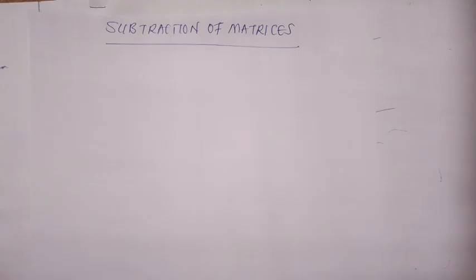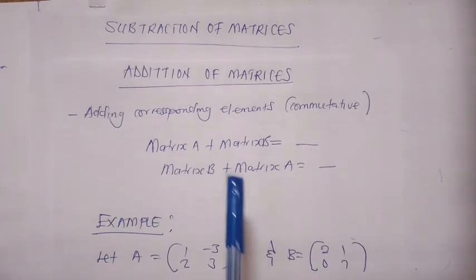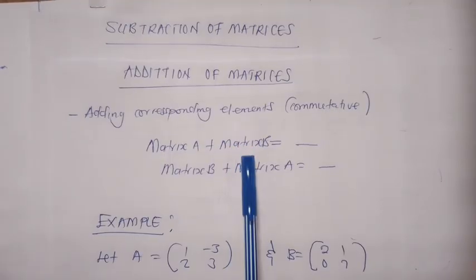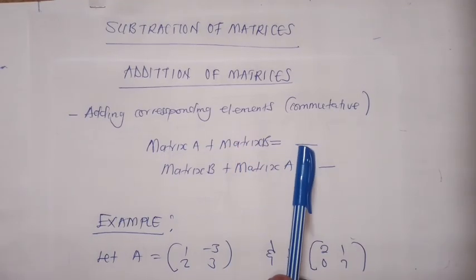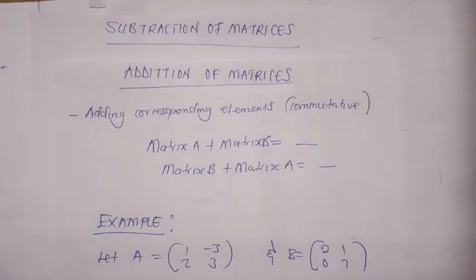So you have to be very, very careful here. Remember we said matrix A plus matrix B gives the same answer as matrix B plus matrix A, but this does not apply to subtraction.